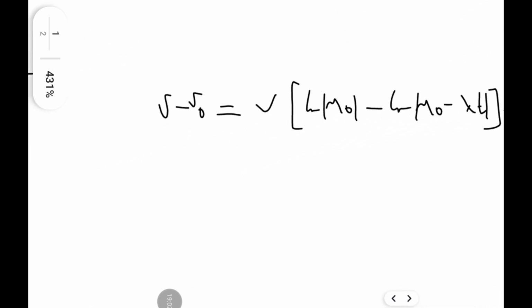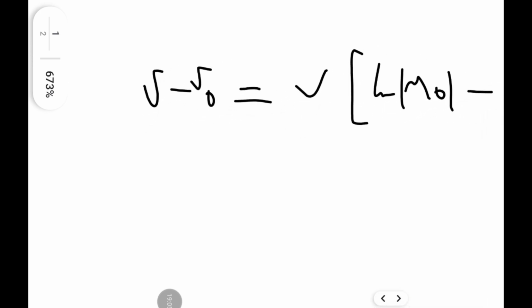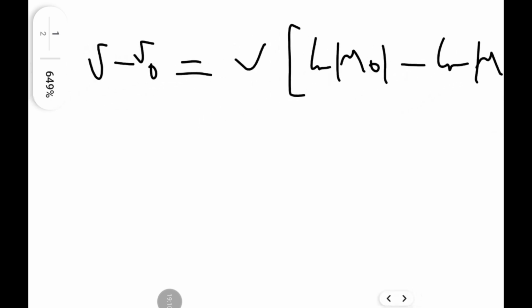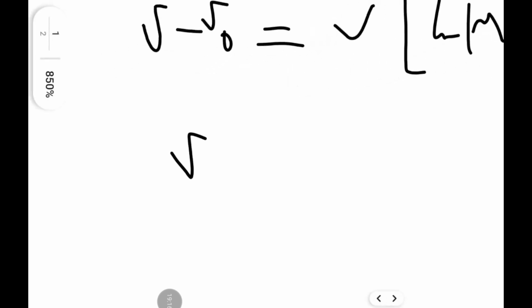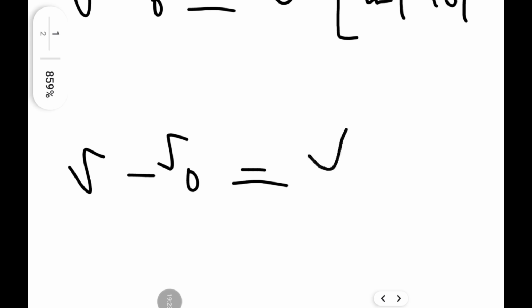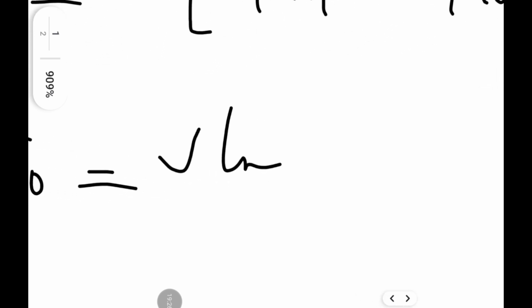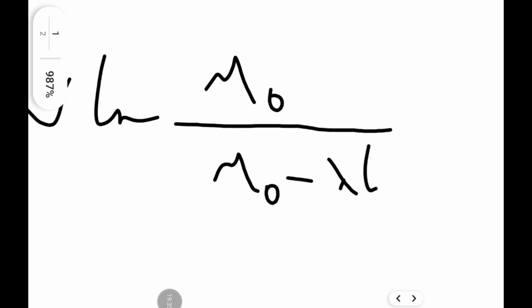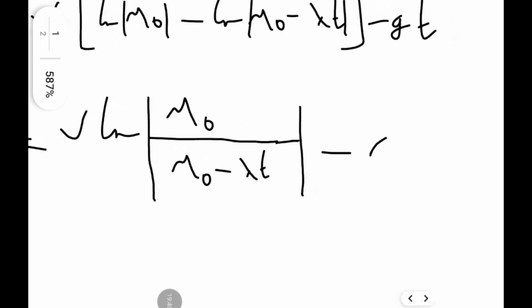And then for the next part, if you're wondering, ln of m0 minus ln of m0 minus lambda t, in logarithms in general, that just becomes, I'll show you, v minus v0 is equal to u times ln of m0 over m0 minus lambda t, and then minus gt.